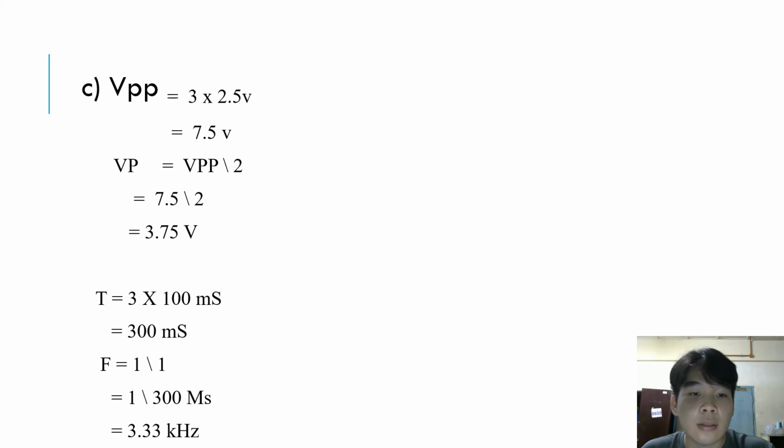Next, the time is equal to 3 times 100 millisecond, and the answer is 300 milliseconds. So next, F is equal to 1 over T, equal to 1 over 300 millisecond, and the answer is 3.3 kilohertz.